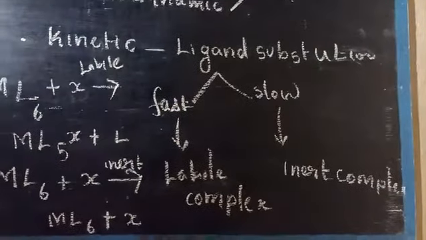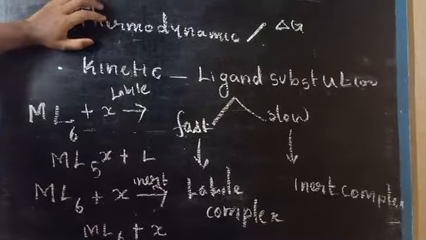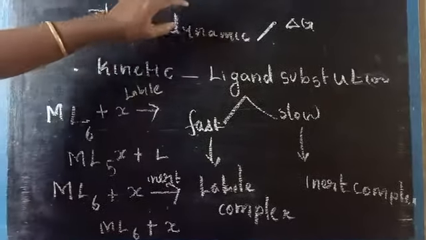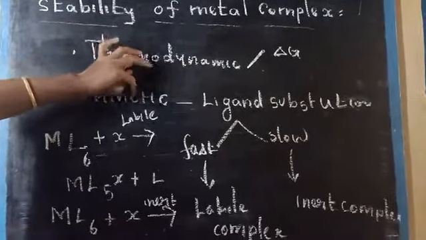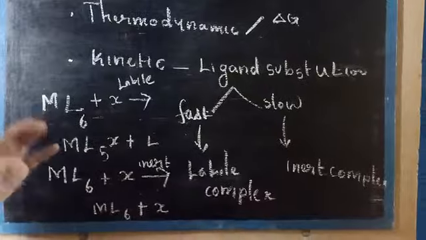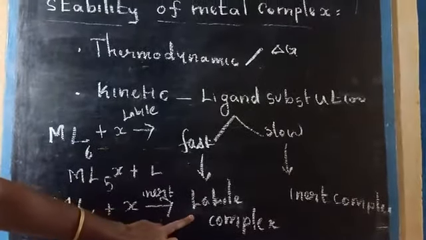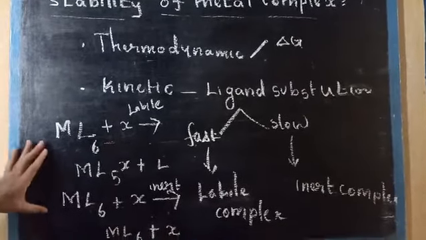Children, now study the topic stability. It is based on two ways: one is thermodynamic and the other is kinetic. Thermodynamic is explained based on the delta G concept, and kinetic stability is explained based on ligand substitution. If ligand substitution is fast, the complex is known as labile; if it is slow, it is inert.